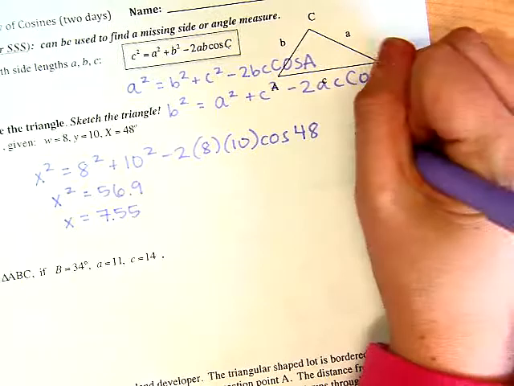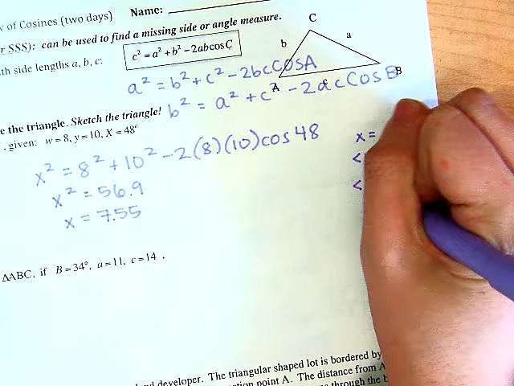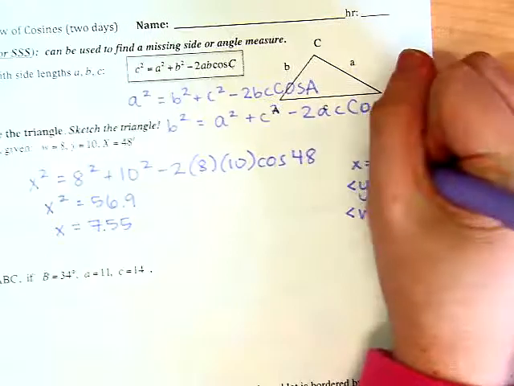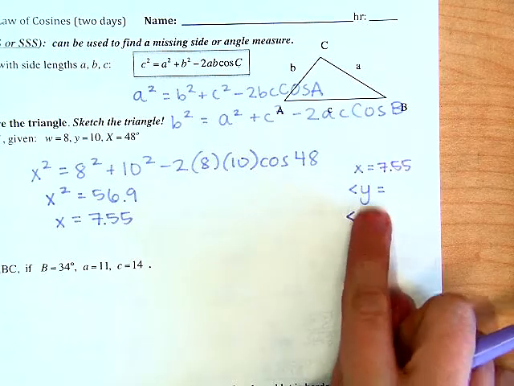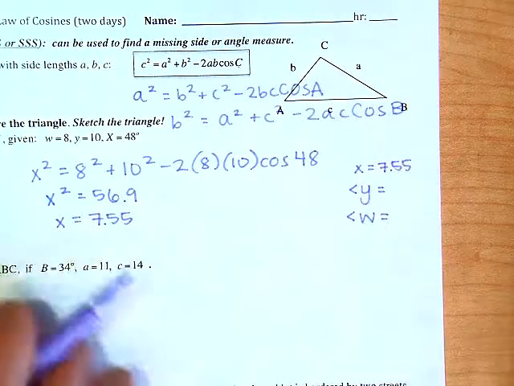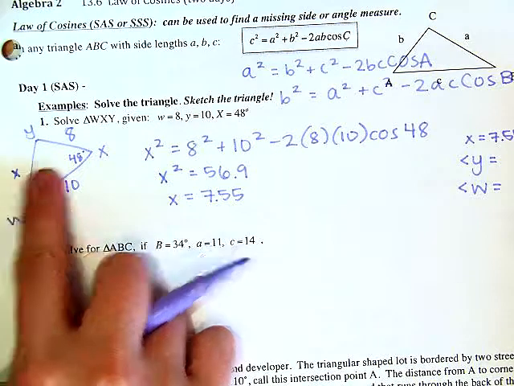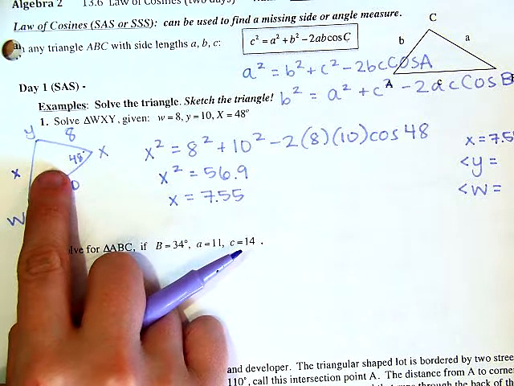So again, I'm looking for 3 answers. X, and then I want angle Y, and I want angle W. I've got 7.55 already, and I need 2 more angles. Now that I have a side and an angle to match up, because I already found X, I'm going to use law of sines, because law of sines is a lot easier.